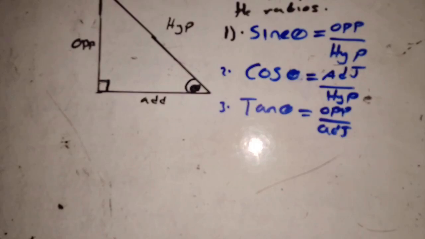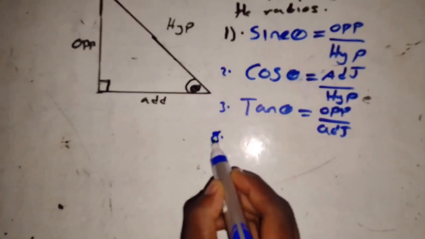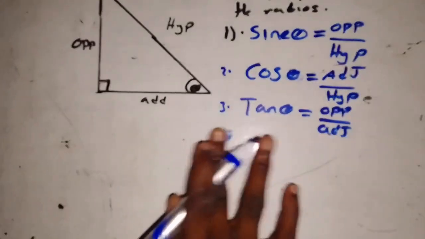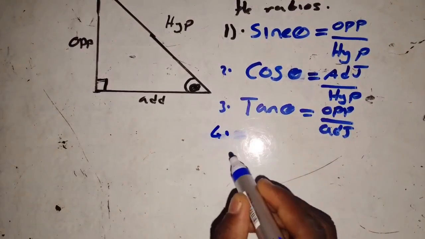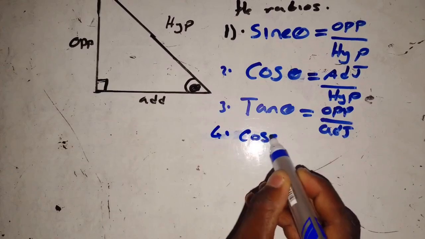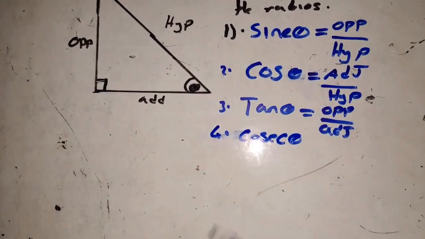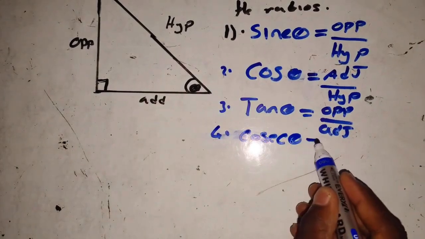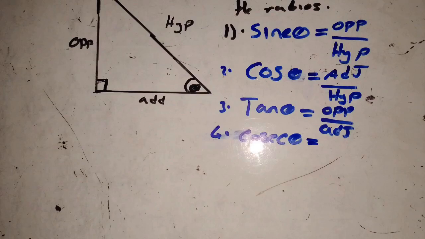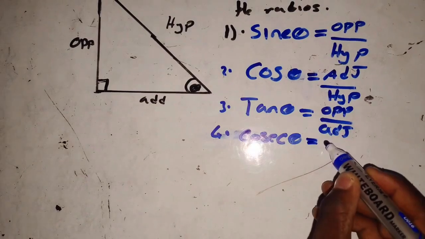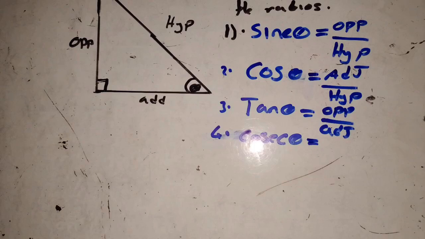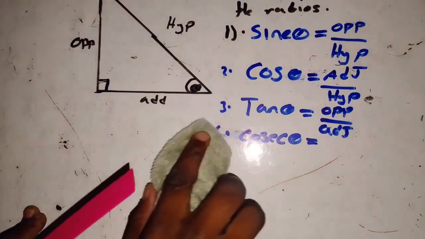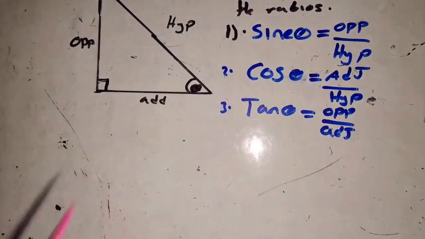Number 4 is cosec theta. Cosec theta is equal to hypotenuse over opposite. Let me write it on this side so that I can give you another way of writing these remaining trig ratios.